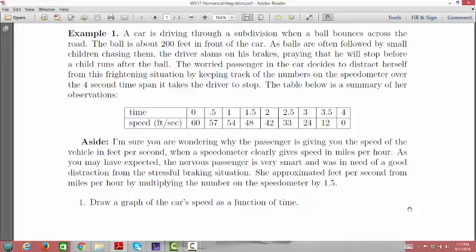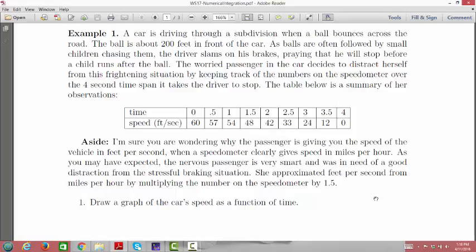and starts to notice, takes a look at the time, and takes a look at the speedometer. So here we have different units of time, and the passenger of the car is looking at the clock about every half of a second and determining the speed of the car in feet per second. And so we have this chart of how fast the car was going. Initially, the car was going 60 feet per second, and then naturally the car begins to slow down until eventually, 4 seconds later, the car has come to a stop.